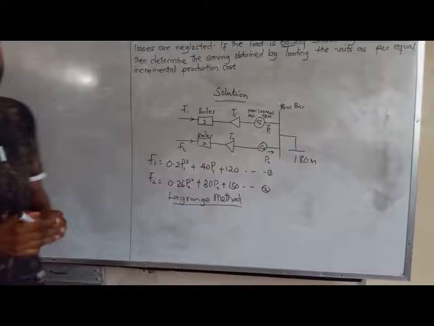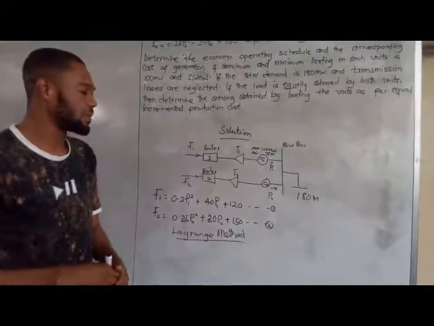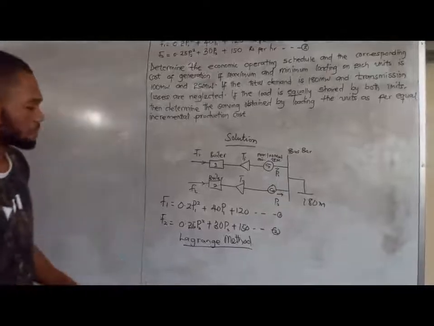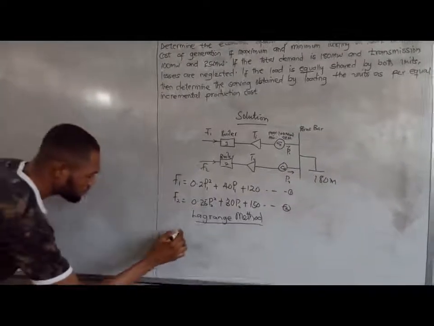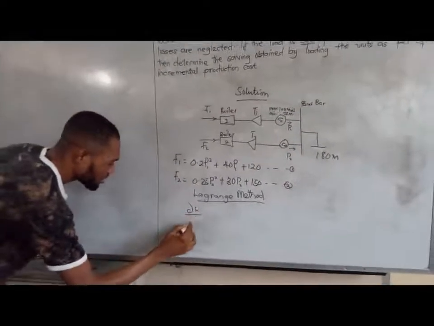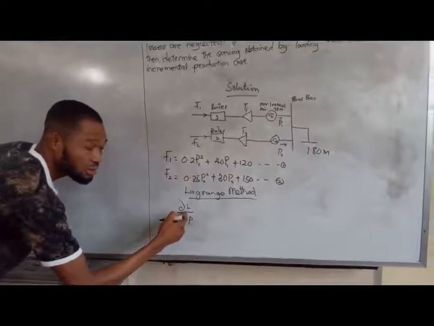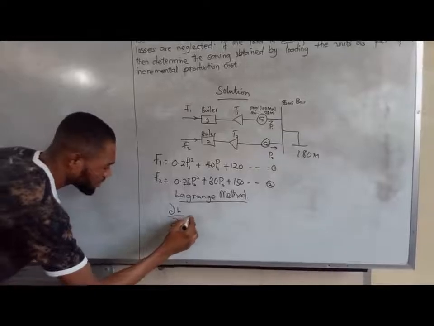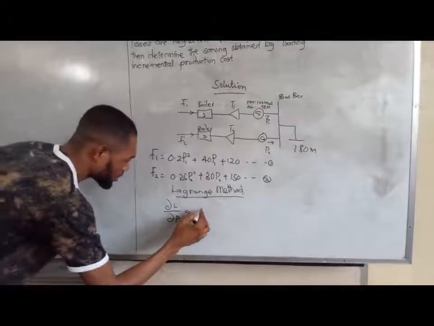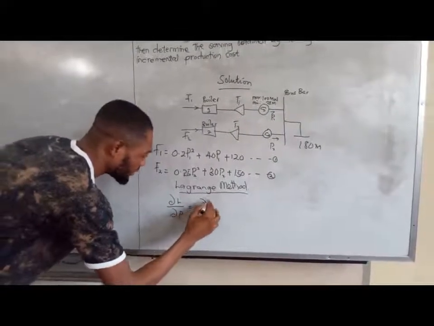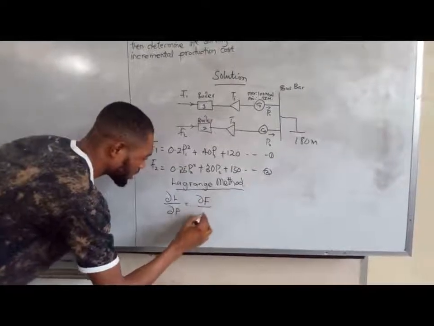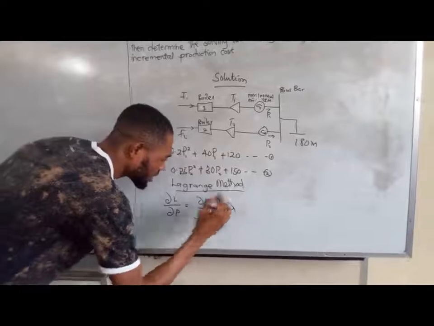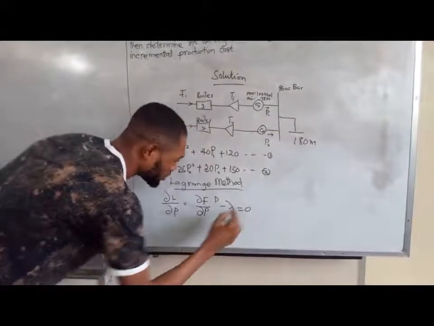The Lagrange method basically uses differentiation. So we say the partial derivative of the Lagrange with respect to power equals the partial derivative of the fuel with respect to the respective power, minus the Lagrange multiplier, equals 0.